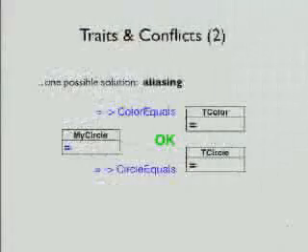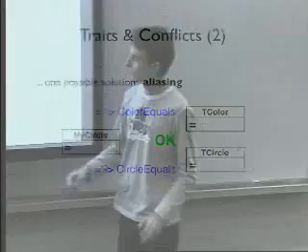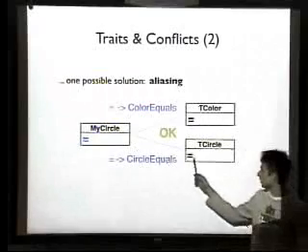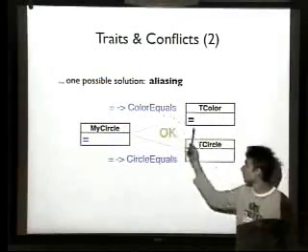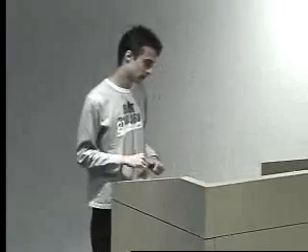In that example, we can simply fix that conflict by applying an aliasing. So we just say in that class, as it controls everything, we make an alias on that operation and on that one, and we implement the equals operator in the class itself. There's no conflict anymore, because the class methods take precedence over the trait methods, and so we can fix that conflict like that.